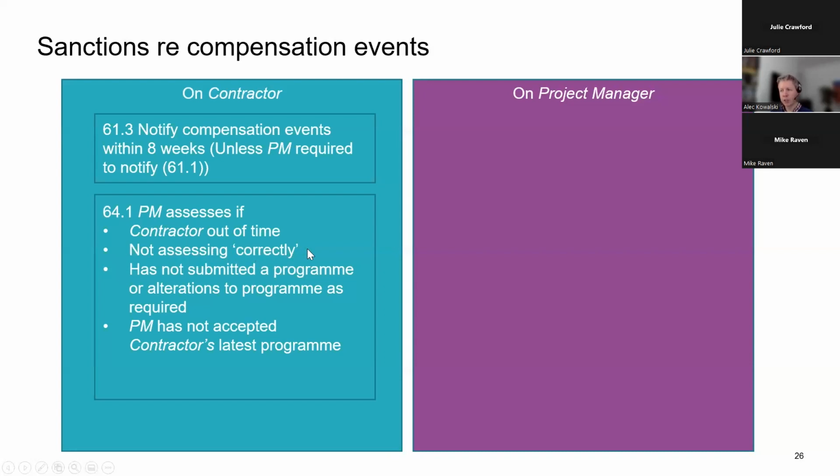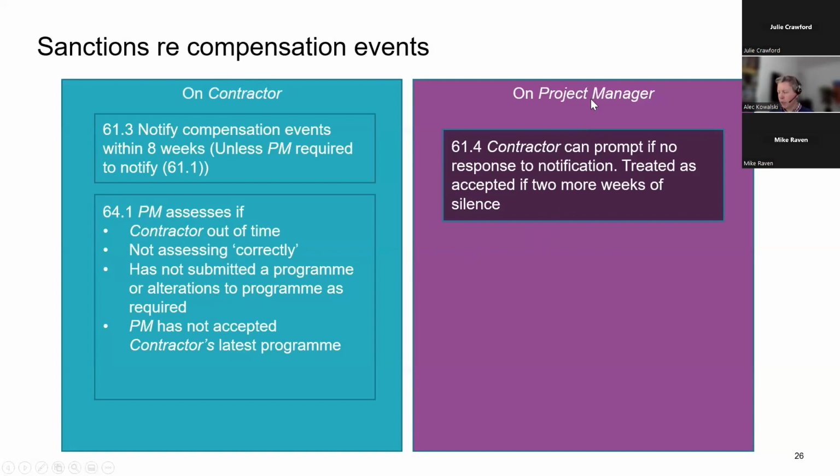But you can just state that and then go on and assess it yourself. If they haven't submitted a program with their quote, or if the project manager has not accepted the last program submitted for acceptance, then, and this is mandatory, by the way, you shall act as stated in the contract, clause 10.1. So you will do this if any of these triggers.